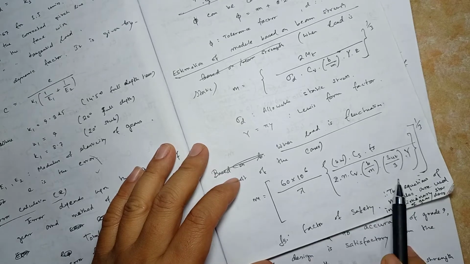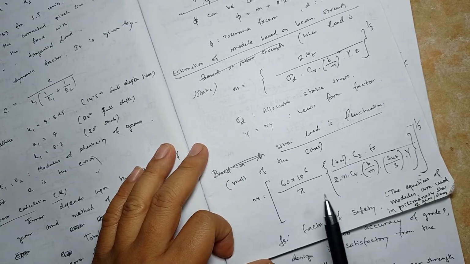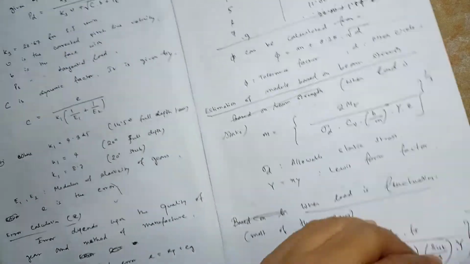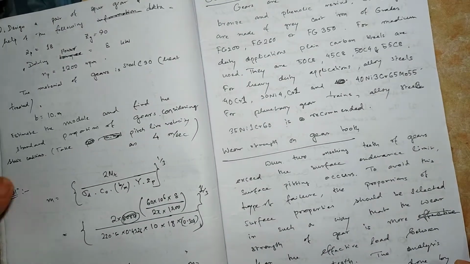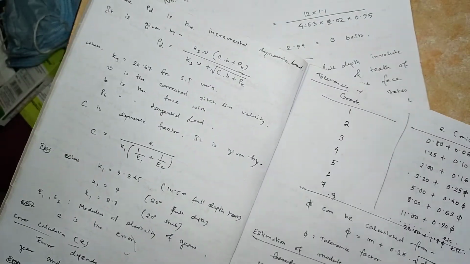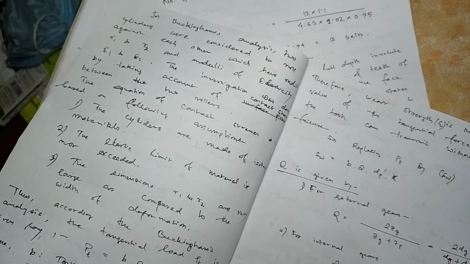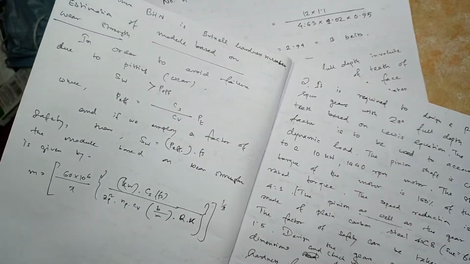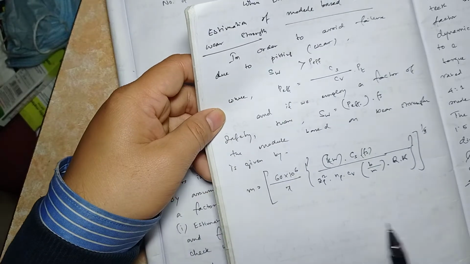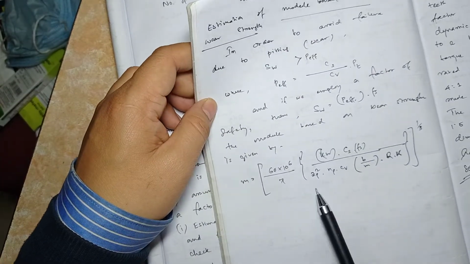This is the formula for module calculated based on beam strength, and based on wear strength we have another relation of module. So this is the relation based on wear strength.